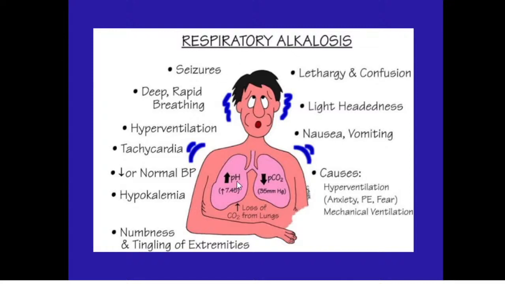It will lead to an increase of pH due to lower concentration of carbon dioxide, and will be accompanied by seizures, deep rapid breathing, tachycardia, normal or slightly decreased blood pressure, nausea, vomiting, lethargy, and confusion.